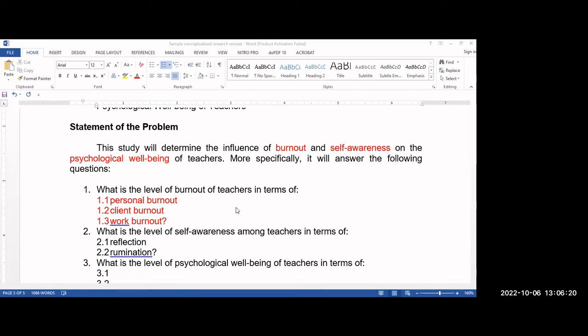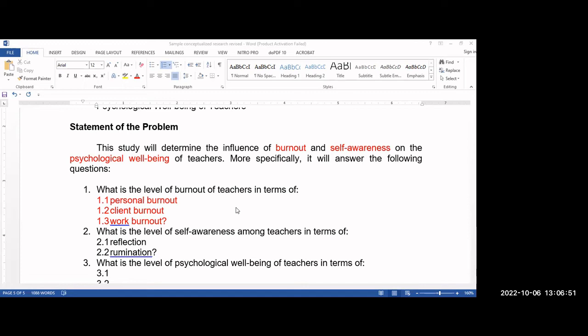So if the questionnaire contains subscales of burnout, like personal burnout, I feel physically exhausted, something like that. So if there are items there for personal burnout, categorized. Usually kasi ang questionnaire, they are categorized, or there is a TOS to determine the items: items 1, 2, 5, 9 are for personal burnout, items 3, 7, 8, 11 for work burnout.